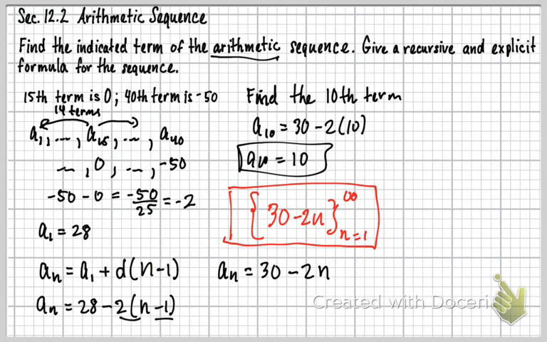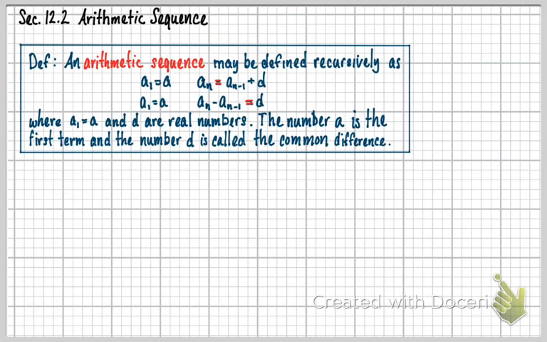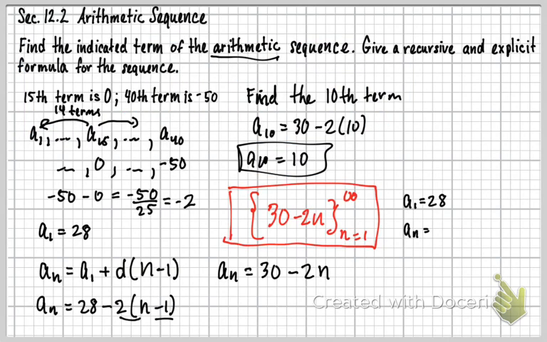So my first one would be, remember A1? A1 was 28. So we would say A1 equals 28, and then we would say AN equals, and let's go back to what that said. That says AN minus 1 plus D. So AN minus 1 plus, and what was D?